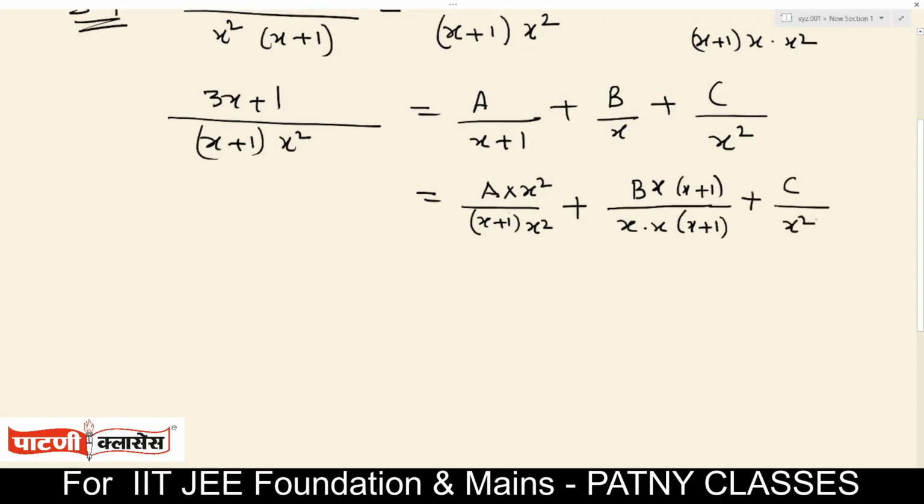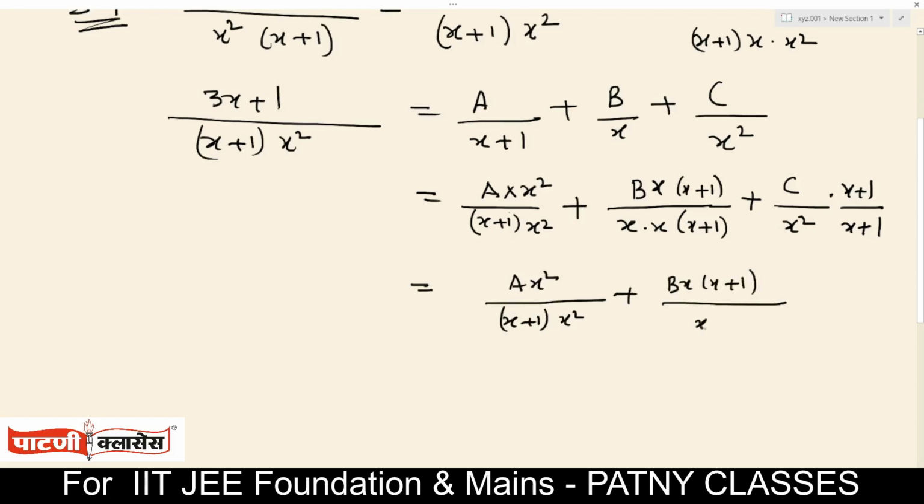See, x square is there, but x plus 1 is not there. So multiplying and dividing by x plus 1, which gets converted into a x square upon x plus 1 into x square, plus bx into x plus 1 upon x plus 1 into x square, plus c into x plus 1 upon x plus 1 into x square.